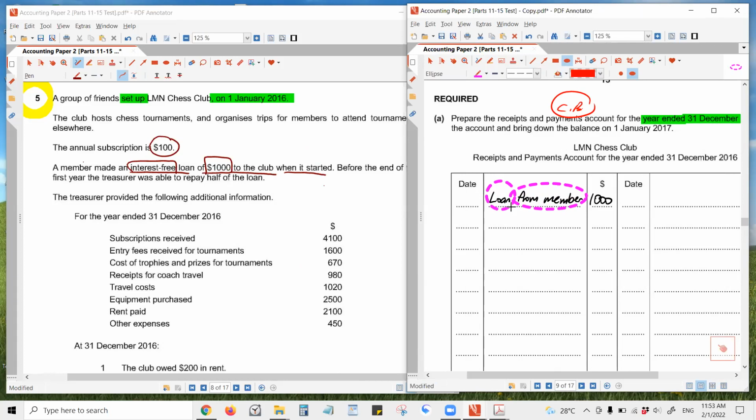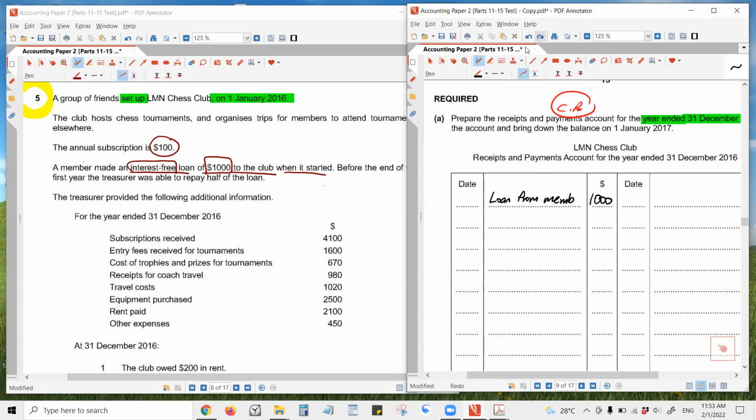So just put these 3 words, loan from member. If you want to add 2 words, interest free in front, is also fine. In that case, you would be writing it like this, interest free. It's okay to use 2 rows as well, up to you.